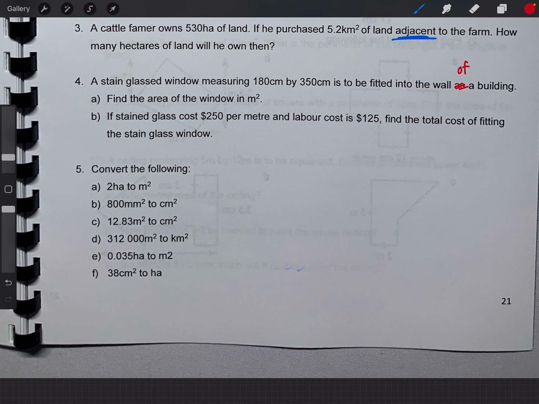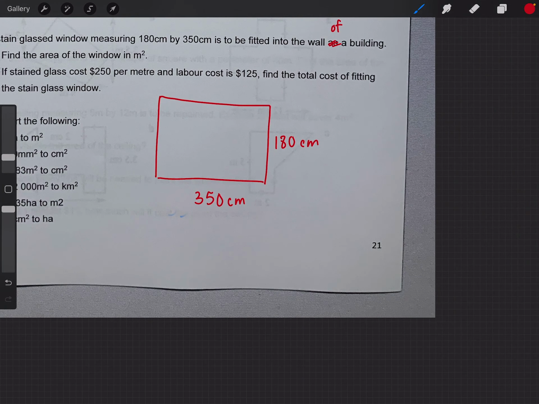So the window, here's the window. The window is 180 centimeters by 350 centimeters. To find the area, we just multiply them.